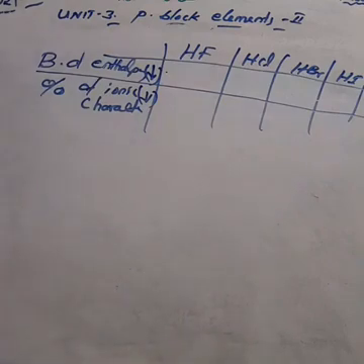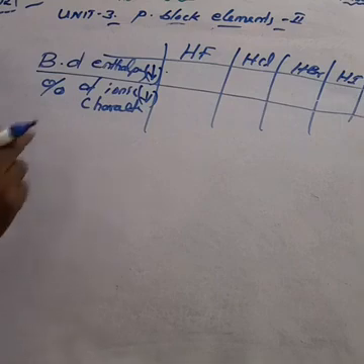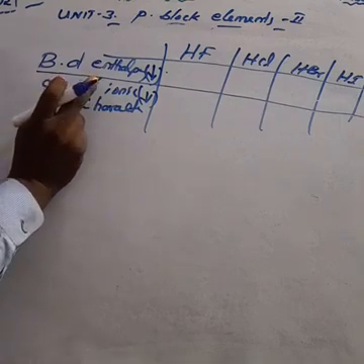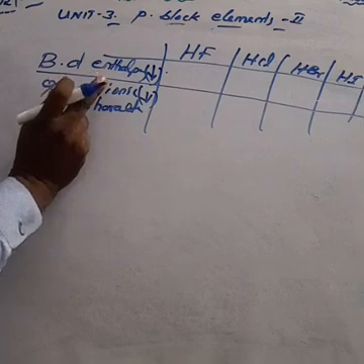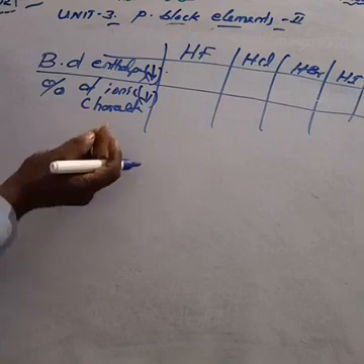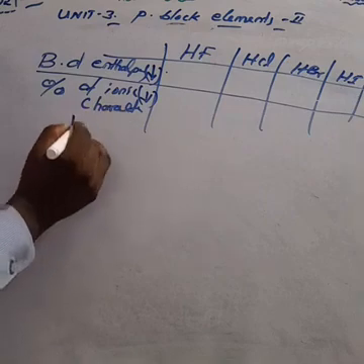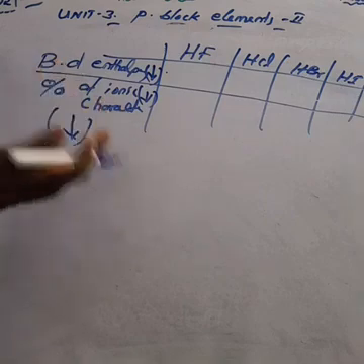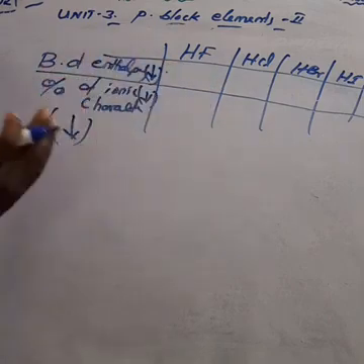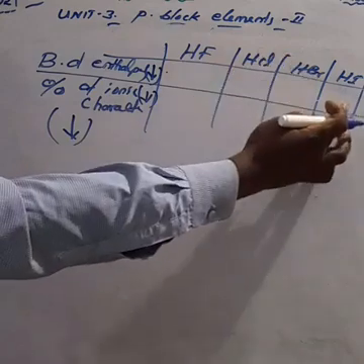This is one of the theoretical values. With the decrease in bond dissociation enthalpy, the thermal stability of hydrogen halide decreases from fluoride to iodide. That is an important point.